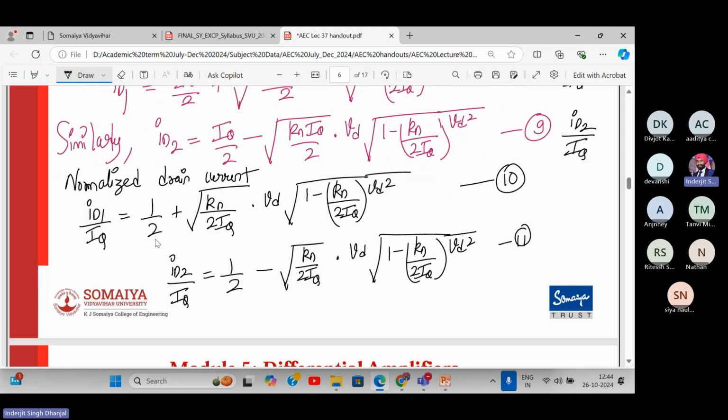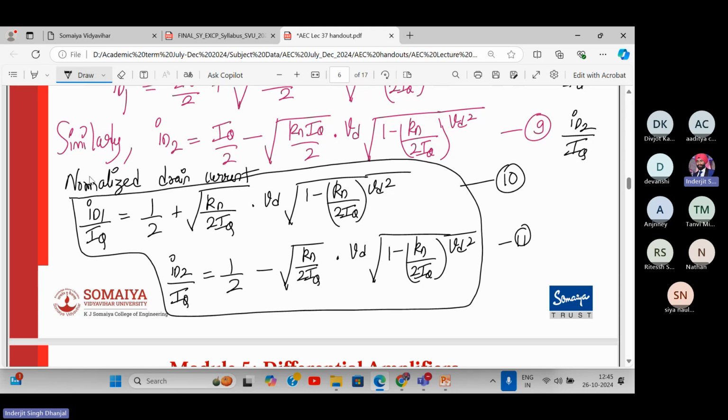So please complete this much. Write down this equation number 10.